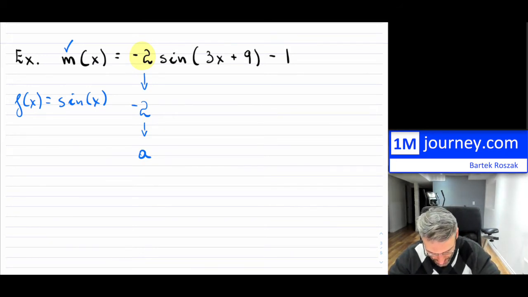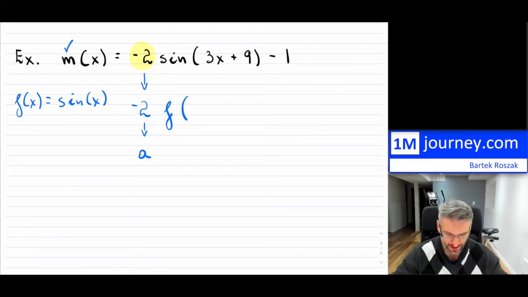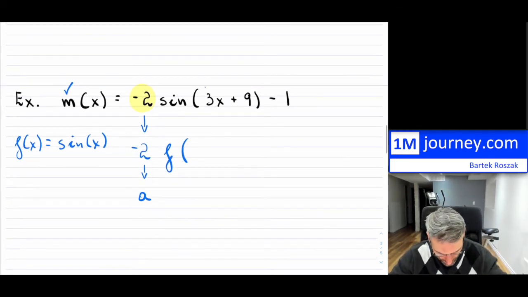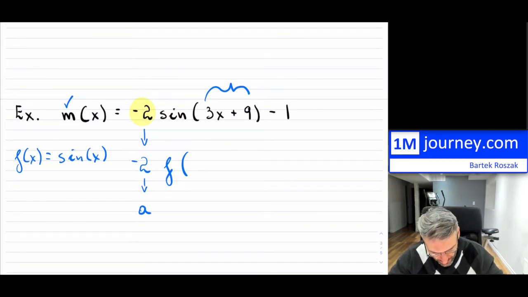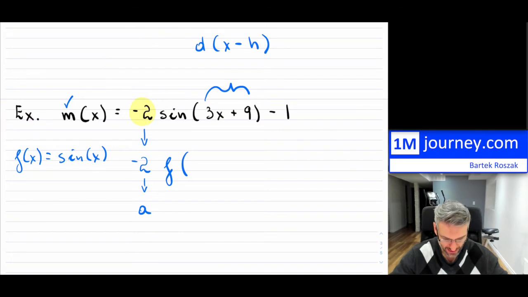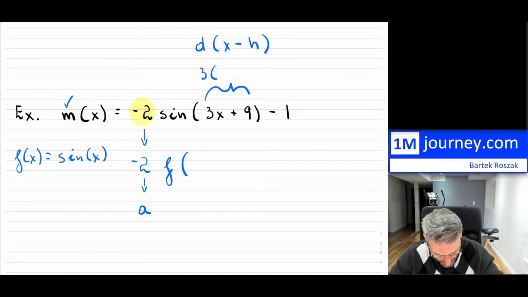And now this is your original function, so F. Now in here we have to be careful, because we have to write it in the form of D times X minus H. So we have to take out that 3. I'm going to factor out the 3 so it looks exactly like this.